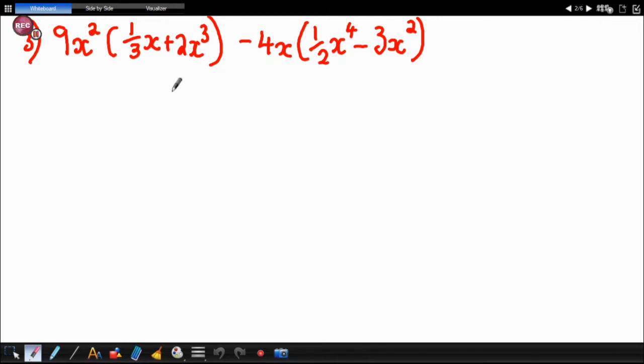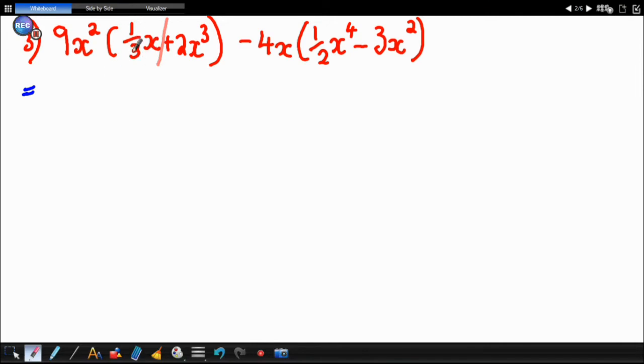Number 3 is a bit complicated, but if we take our highlighter and put a line across there so that we can see these two terms while we are multiplying. Let's see. We will have 9x squared times 1 over 3x.